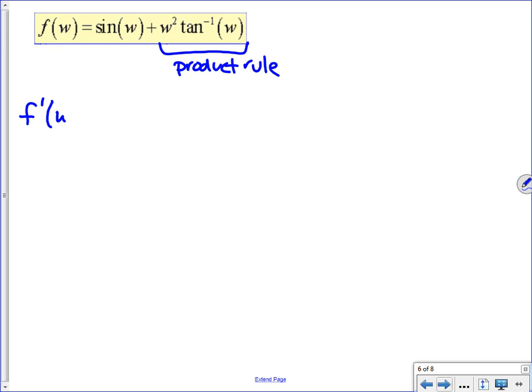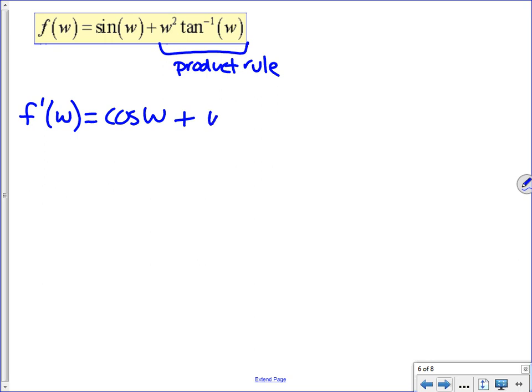So let's do that. f prime of w would equal, now we're finding the derivative of sine of w. That's not an inverse trig function. That's a regular old trig function. So remember, the derivative of sine is cosine. So that's just going to become cosine of w plus, and now we have to do the product rule.